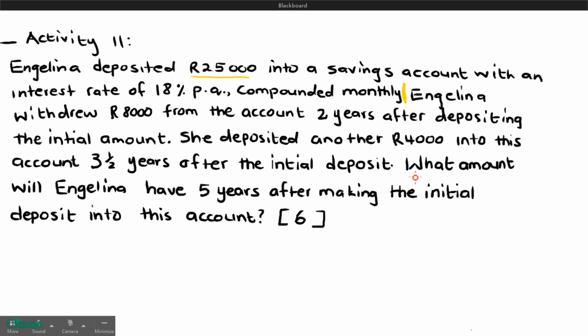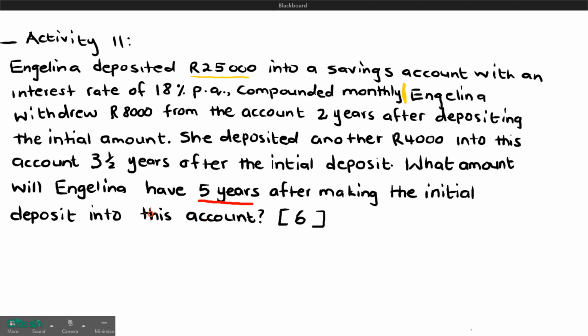The question starts at: what amount will Angelina have 5 years after making the initial deposit into the account? It means that this 25,000 is going to run for 5 years.